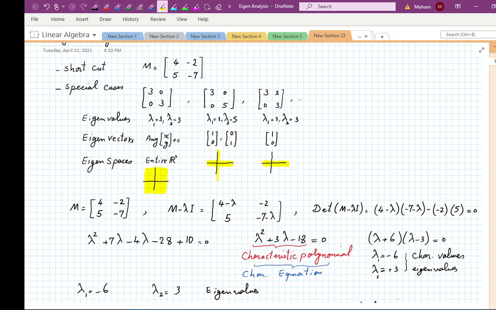As I said, these simple cases with lots of zeros and special numbers are kind of easier to recognize ahead of time before we fall into this machinery.